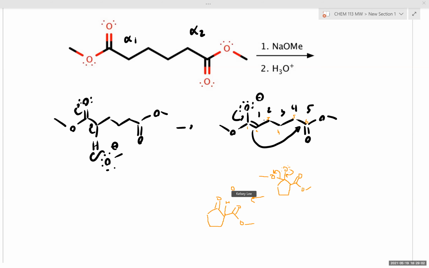Just as a side note, this deprotonation step is even easier than the acyclic systems because as a general rule, the cyclic carbon-hydrogen bonds are more acidic.